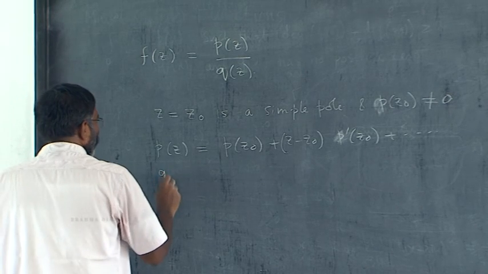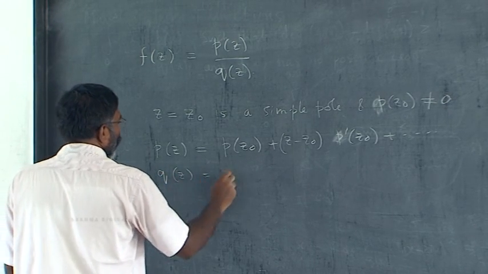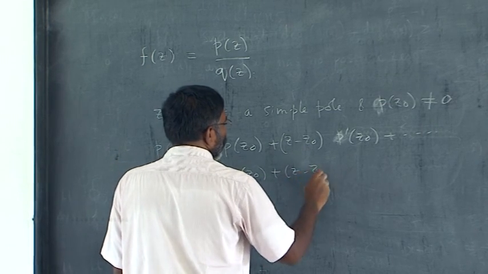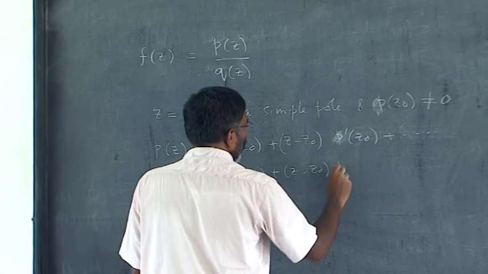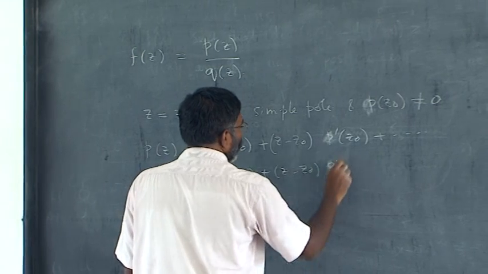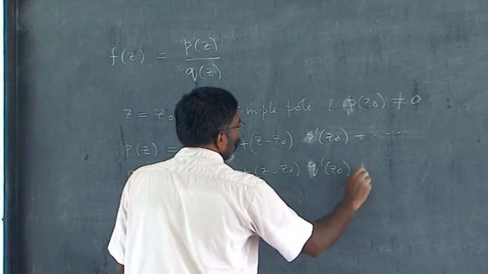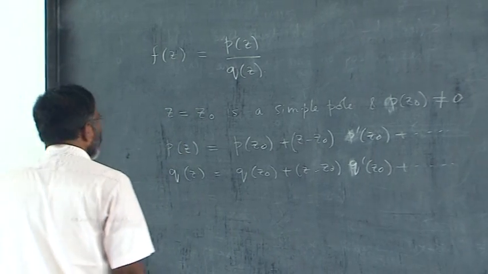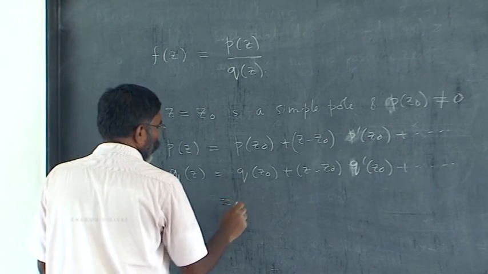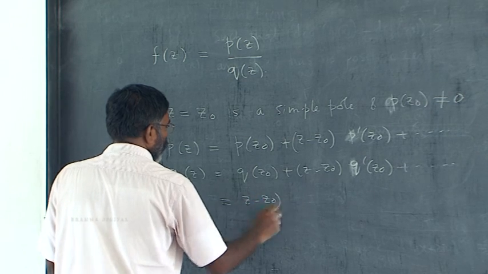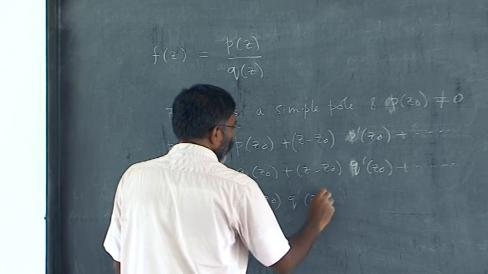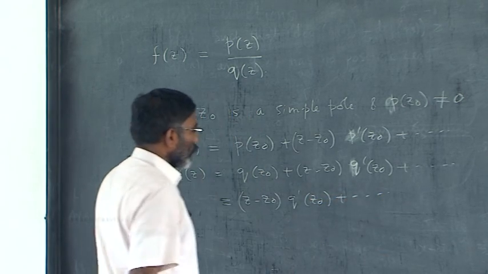And then write q of z as q of z naught plus z minus z naught into q prime of z naught plus so on. Now we know that q of z naught is 0, so this is equal to z minus z naught into q prime of z naught plus the other terms.